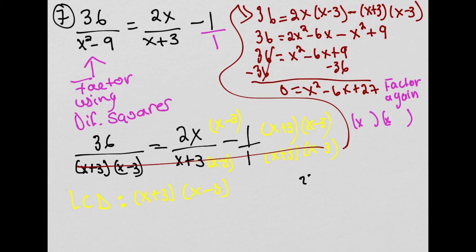Okay, factors of 27. 1 times 27. 3 times 9. We must have made a sign mistake. Where did we make a sign mistake? Let's see. Because we need this 6 to be positive and this 7 to be negative.